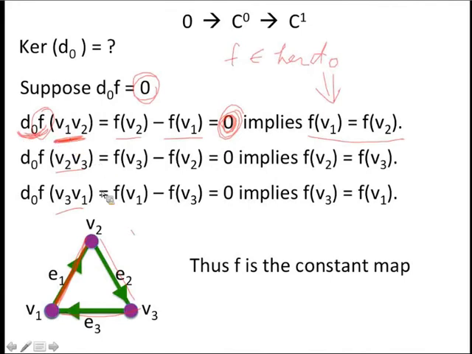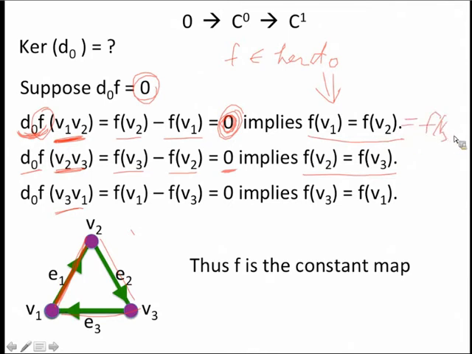So we can do that to any of the edges. d0 of f also acts on the edge v2, v3, but by definition, it is f of v3 minus f of v2. We said that d0 f is in the kernel, so it equals 0. So we get f of v2 equals f of v3, and similarly for the last edge right here. And so in other words, we get f of v1 equals f of v2 equals f of v3.